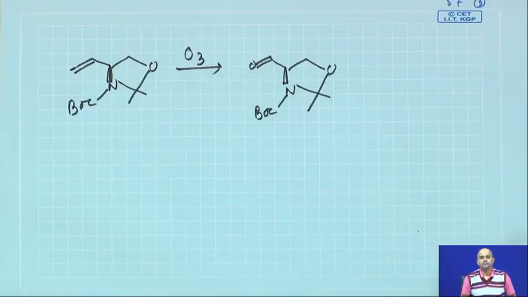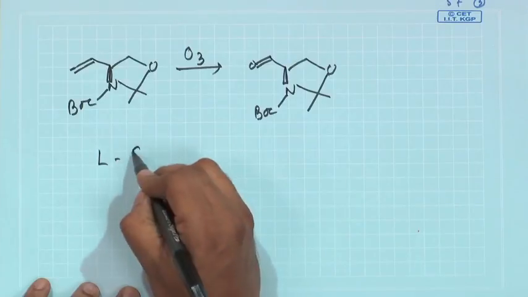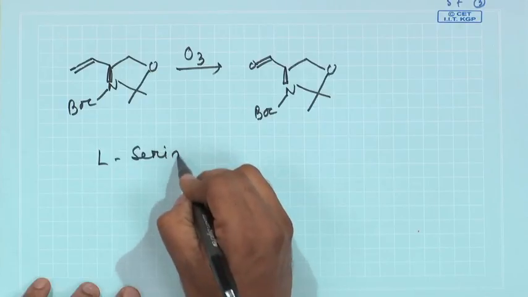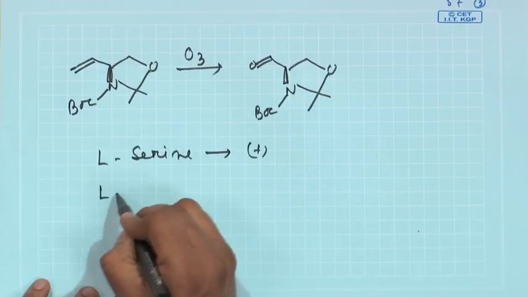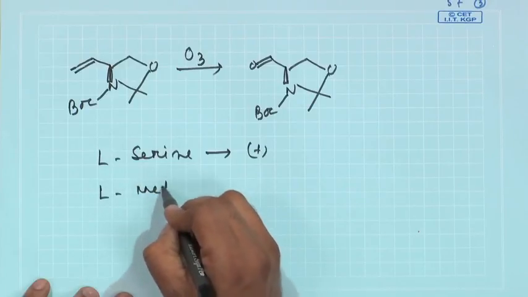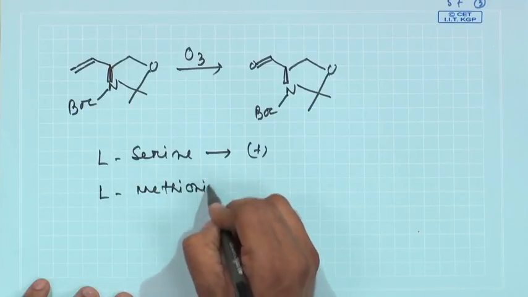So, it is the same starting material or a similar kind of chiral sense. So, you are saying that L-serine gives you the plus enantiomer and L-methionine gives you the minus enantiomer.